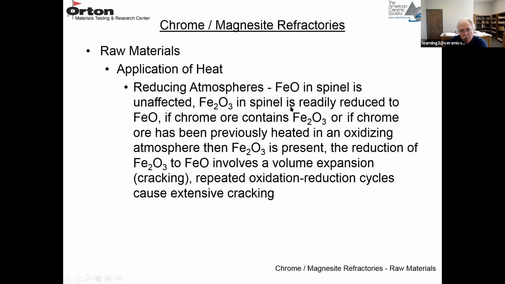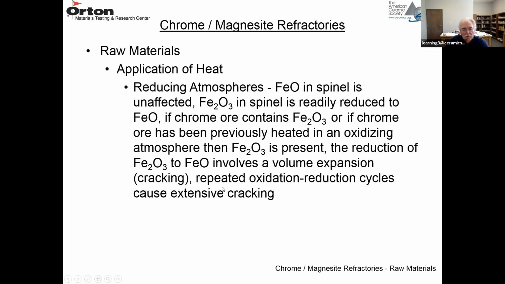So the Fe2O3 in the spinel is reduced to FeO. So if your chrome ore contains Fe2O3, or if you have a chrome ore that's been heated in an oxidizing atmosphere, it will definitely have Fe2O3. You will reduce the Fe2O3 to FeO, and that's another volume expansion, and that could cause cracking.